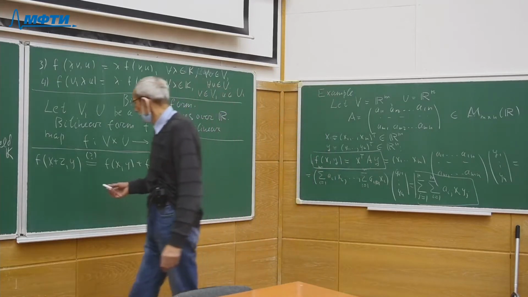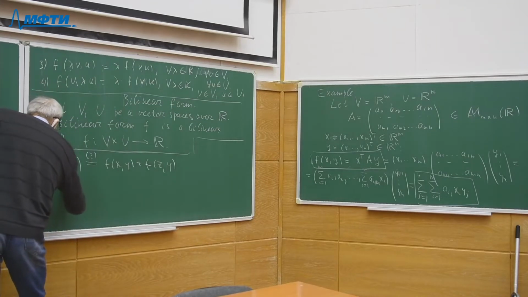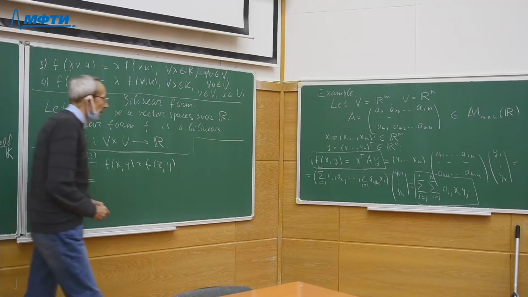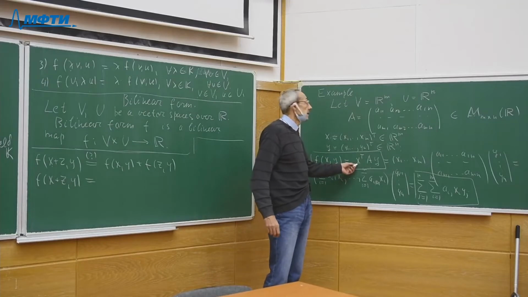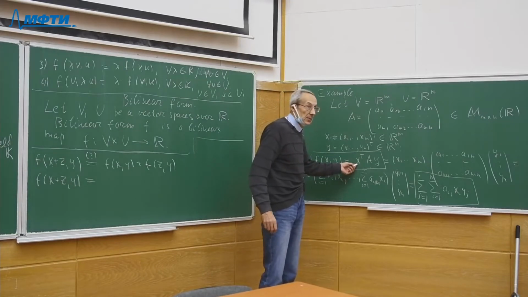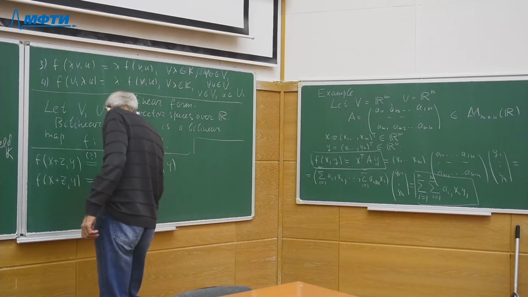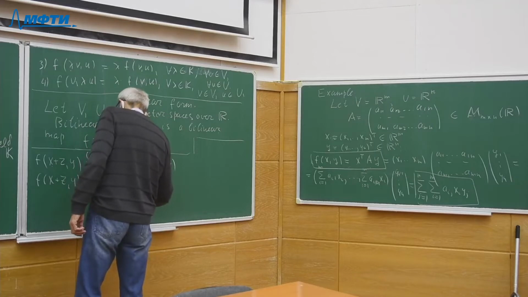And by definition, if you substitute in this formula the sum x plus z instead of vector x, we obtain the following expression: (x plus z) transpose A y.